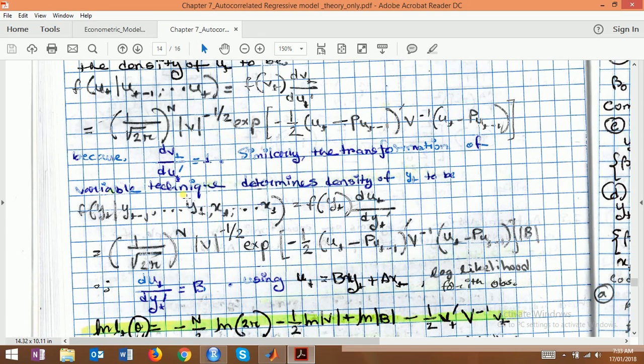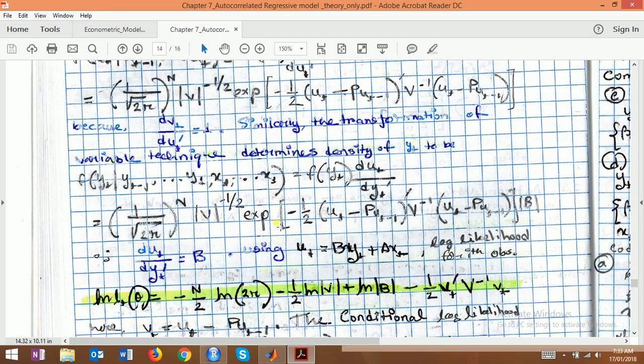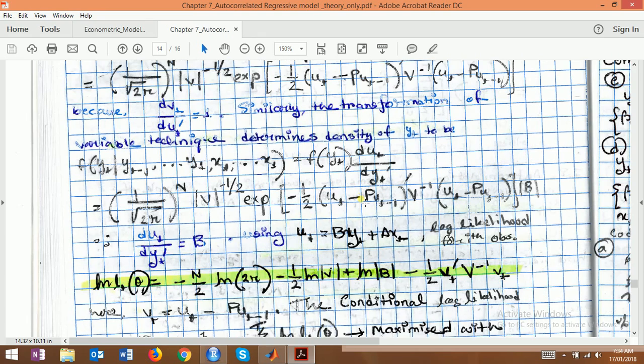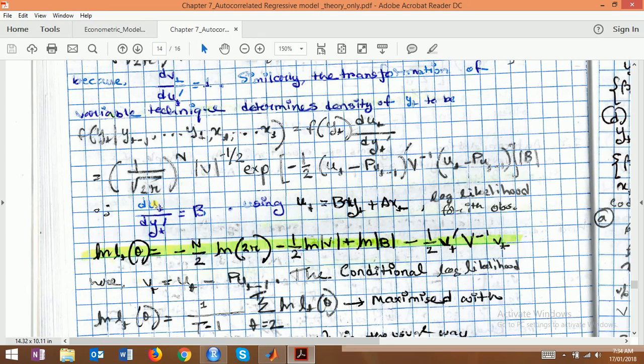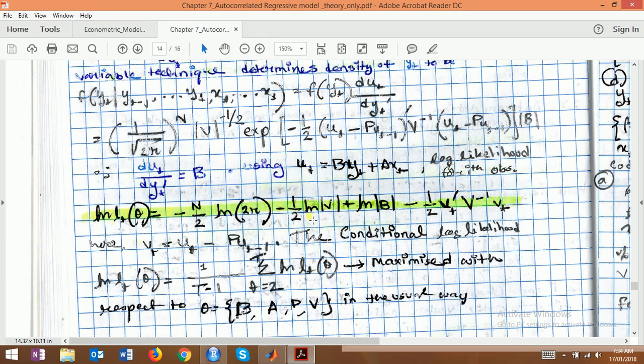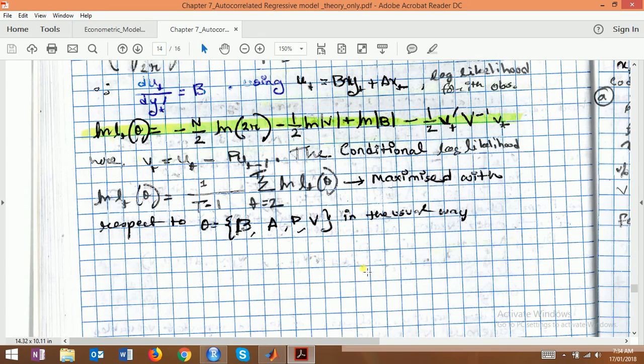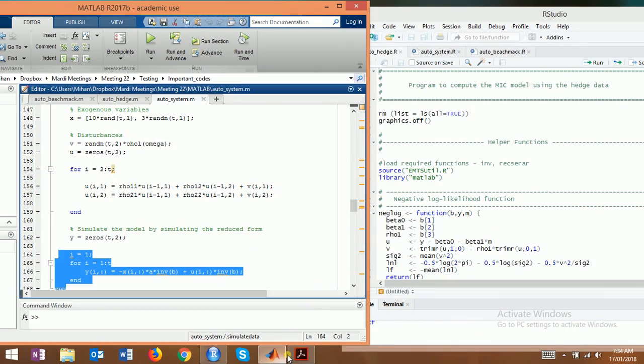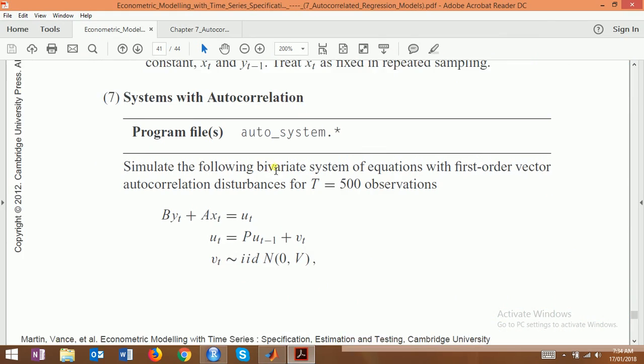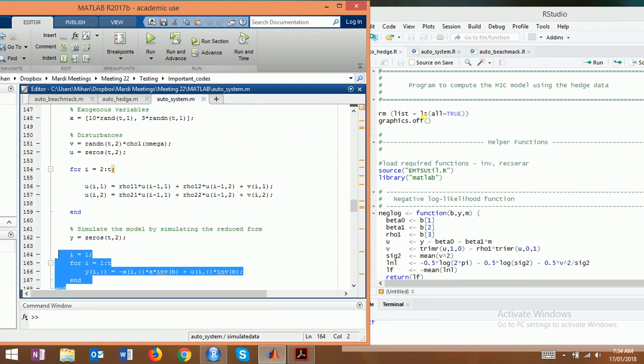Then we transform further ut to yt, and nothing changes inside except the coefficient of y is multiplied with it, where ut is this coefficient, or with the reduced form equation we can estimate it. And this is the log likelihood function. The conditional log likelihood function is maximized with respect to B, A, P, V. This is the usual way. So this should be an easy problem in autocorrelation system.